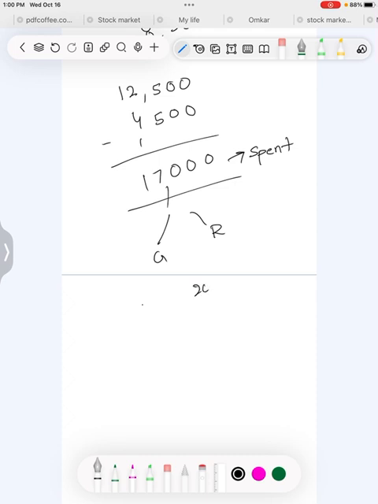Okay, the sum is 17,000. Okay, so what are the numbers? You have to find it out.